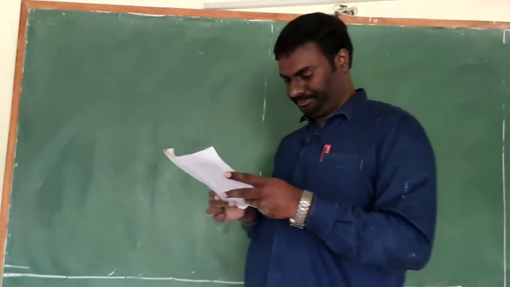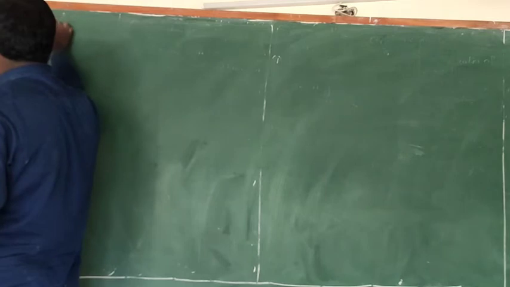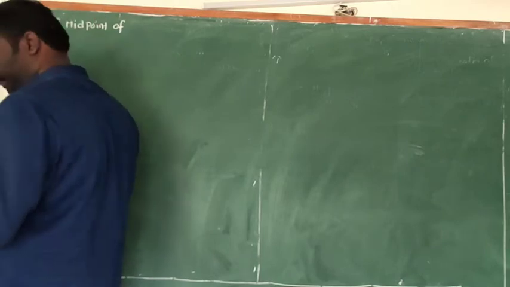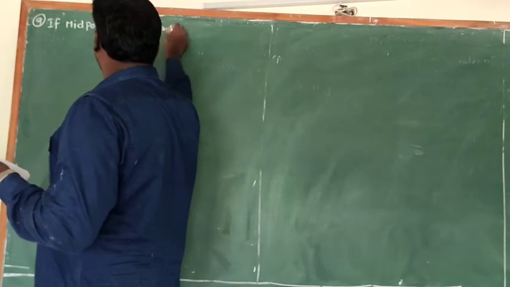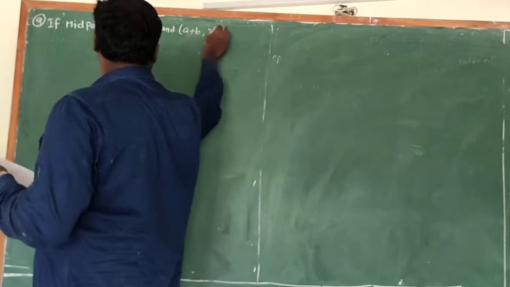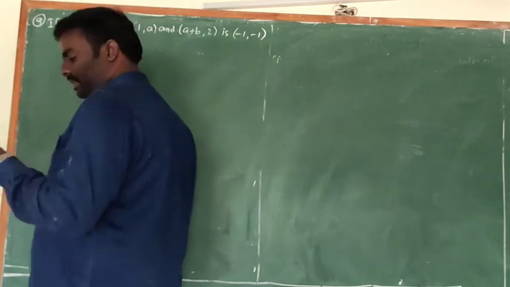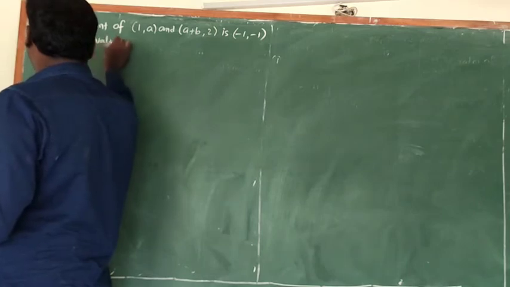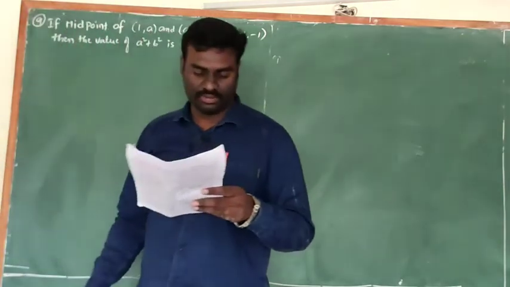Question number 9. If the midpoint of (1, a) and (a plus b, 2) is (-1, -1), then the value of a square plus b square is, simple question.